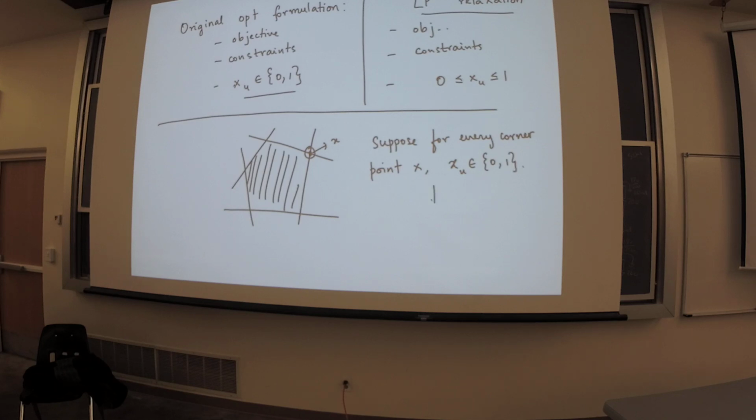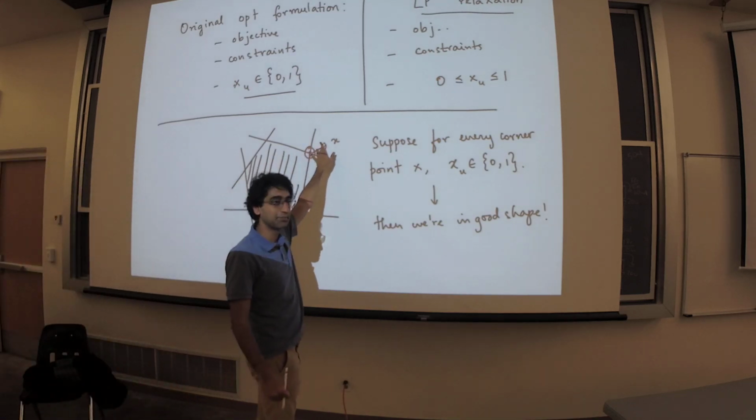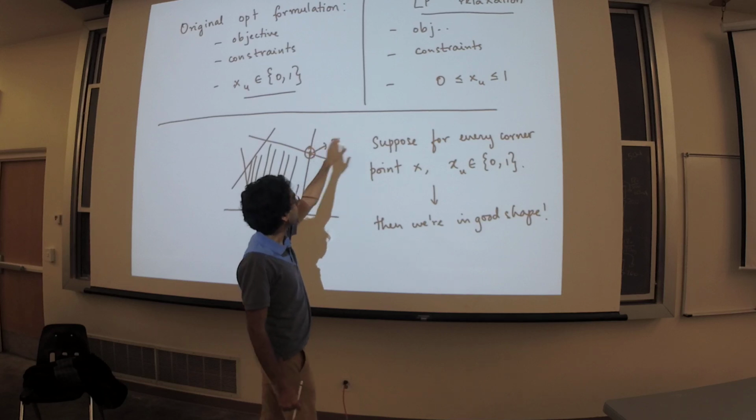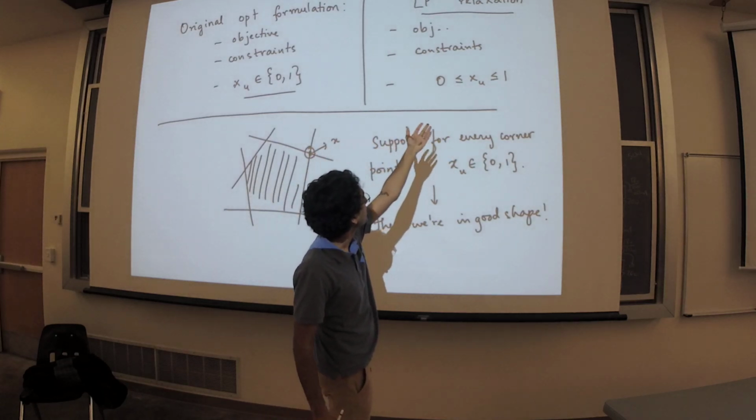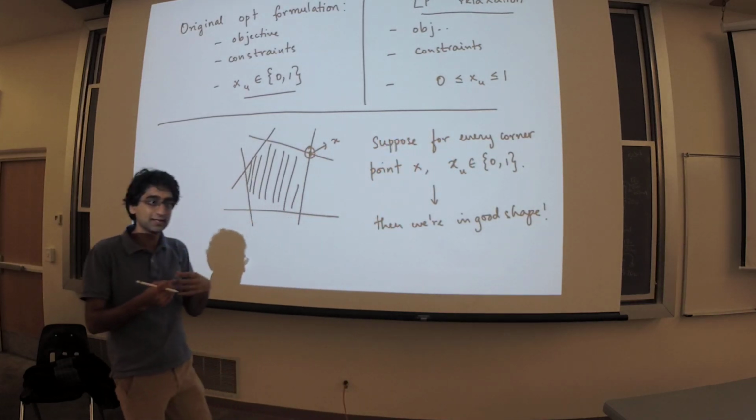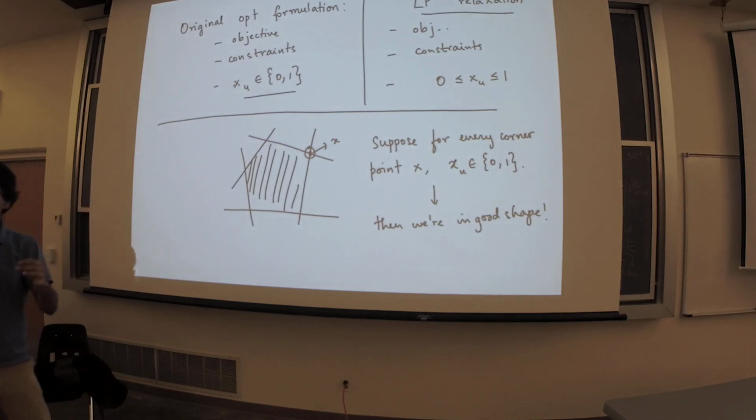Then we are done, right? Then we are in good shape, because we know that the optimum solution will be one of the corner points. And it so happens that for every corner point, all the coordinates are binary. So I can pretend that those constraints don't really matter, because I will anyway have xu being 0 or 1.